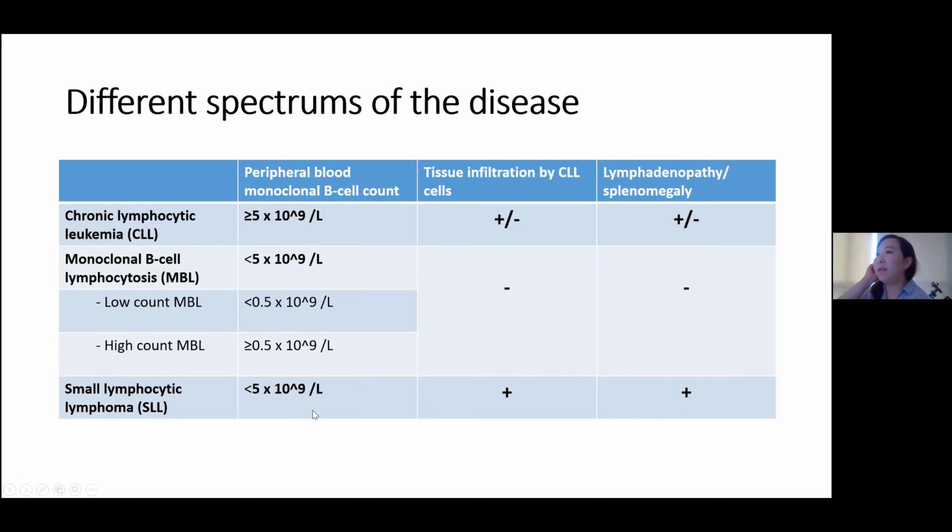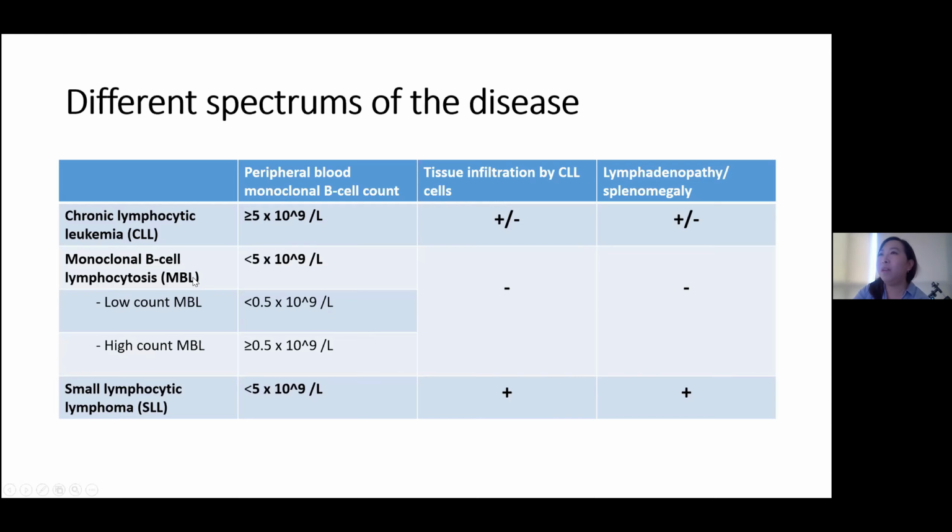And then in both CLL and SLL, you can have tissue infiltration as well as lymphadenopathy or splenomegaly. Whereas in monoclonal B cell lymphocytosis, or MBL, by definition, you do not have any of this organ involvement.